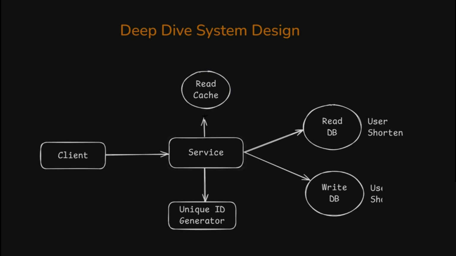So whenever we get a read for this service, first we can check the cache: do we already have the mapping of this URL, whether it's a long URL or short URL? If the mapping data is already available in the cache, we can return it back to the client. If not, then we go and hit our database instances to get the matching record.